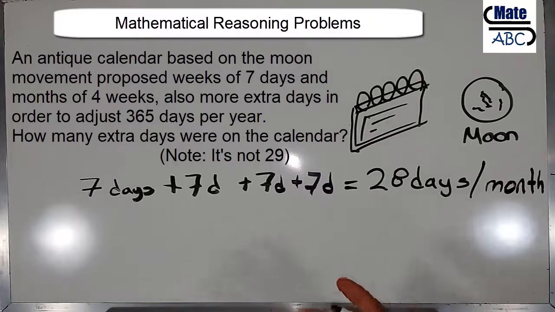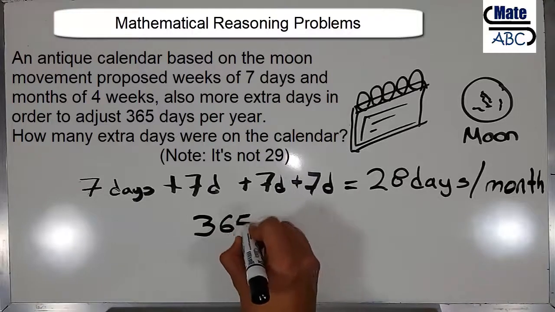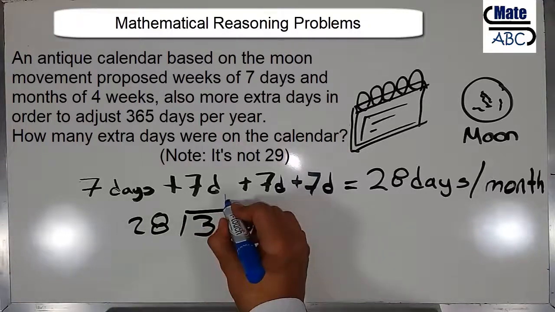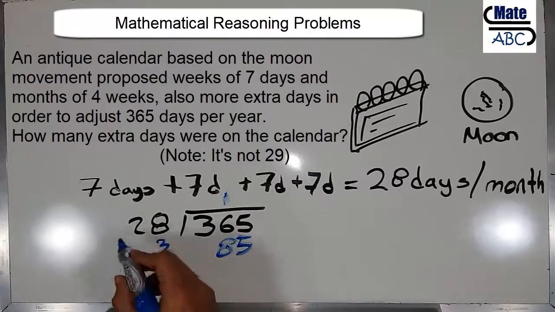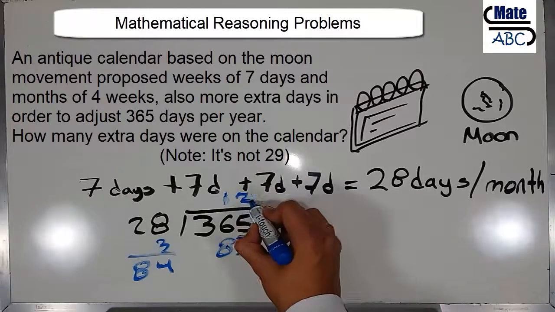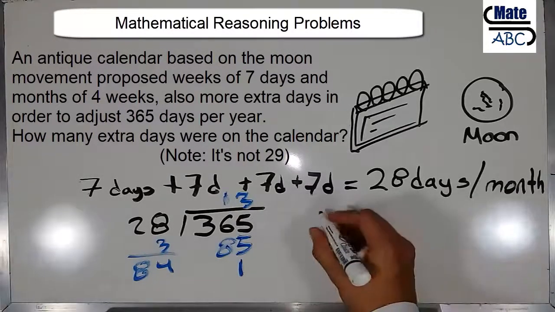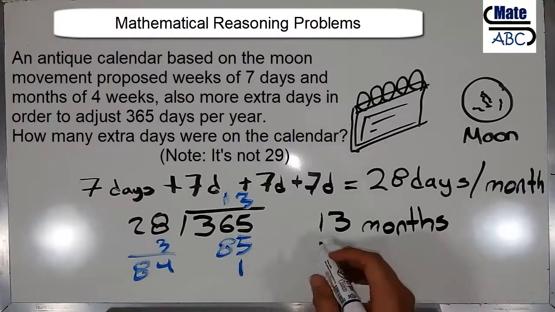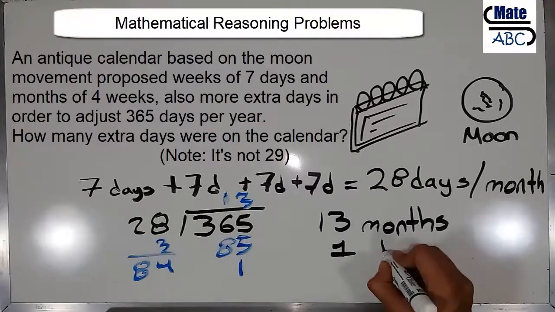So how many months are there? So we need to divide 365 over 28, and as you can see on this division we get 13 months, but there is 1 day that we need to add in order to adjust to 365.